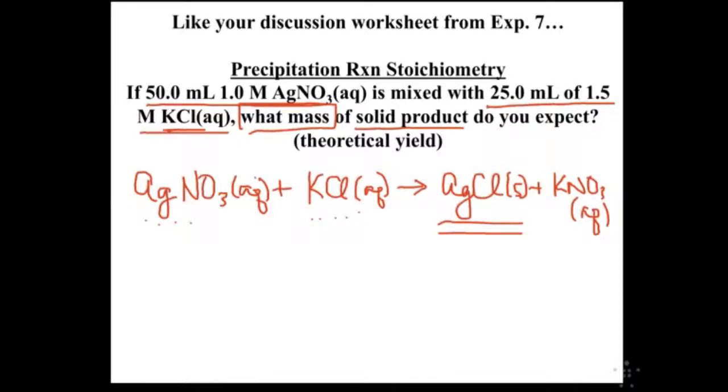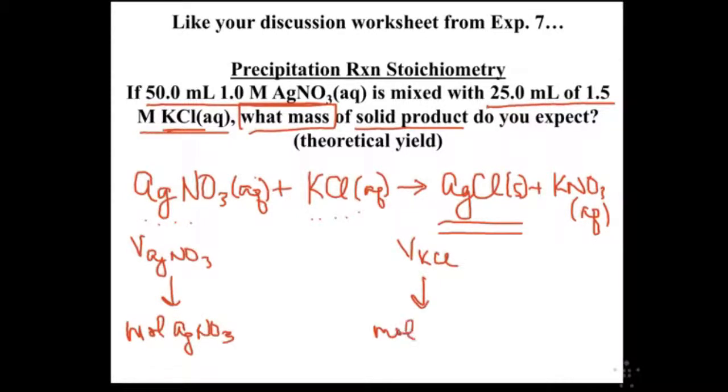Just like any stoichiometry problem, I want to start by taking my volume of silver nitrate and my volume of KCl and figuring out how many moles I get. I don't have quite enough space to do this in a nice way, but I'll try and do it in steps nonetheless.